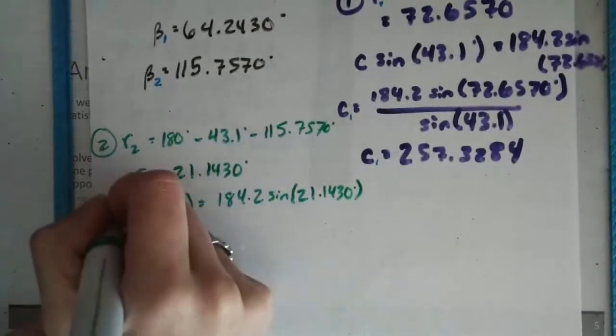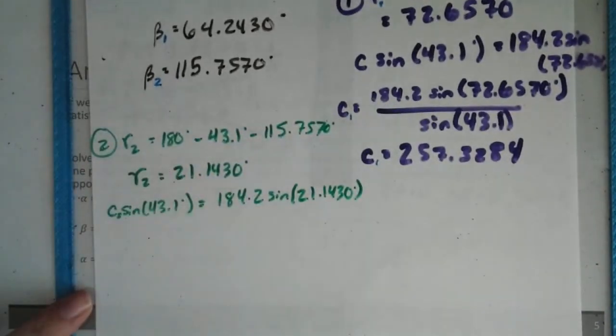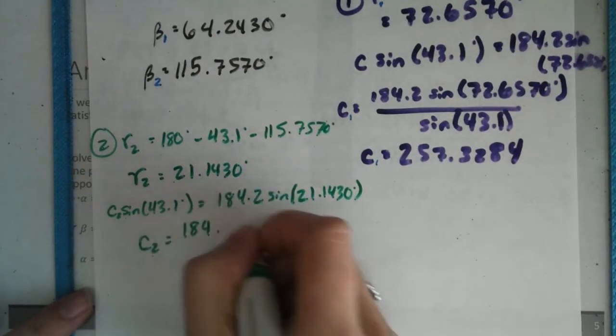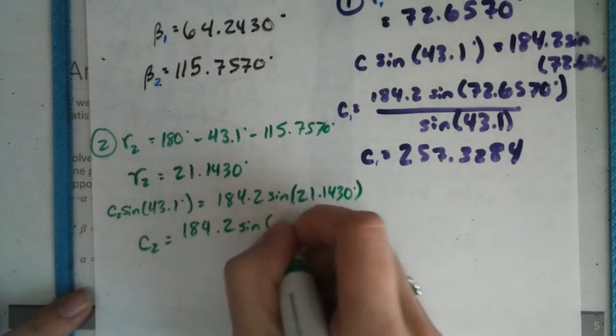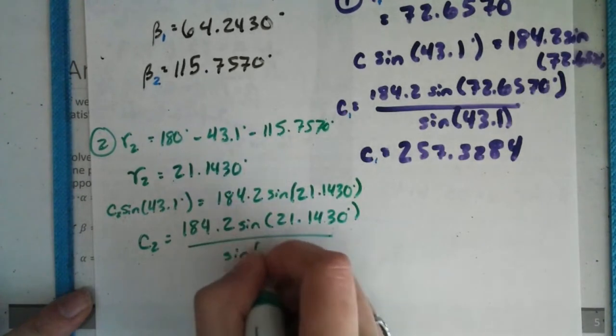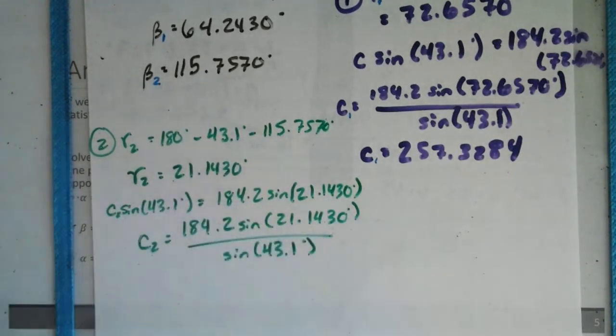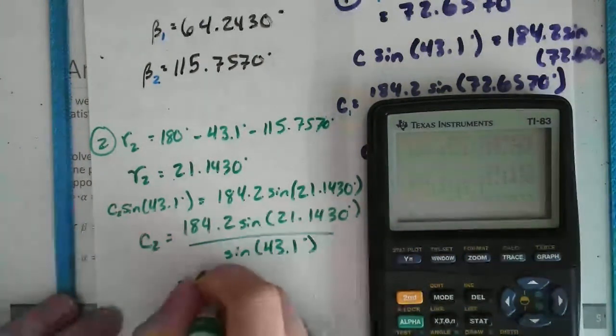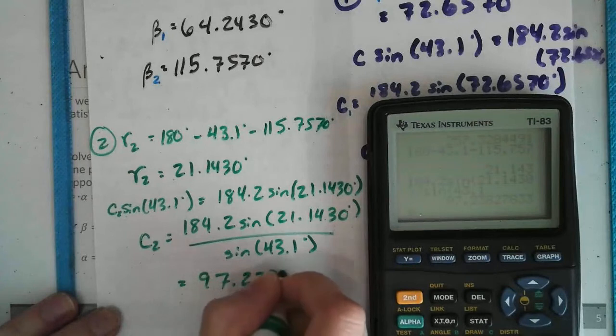So to solve for C, and really it's C2, divide both sides by the sine of 43.1, and we get C2 is equal to 184.2 sine of 21.1430 all over the sine of 43.1. I'm getting C to be 97.2383.